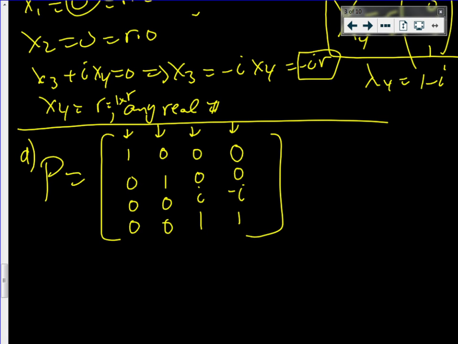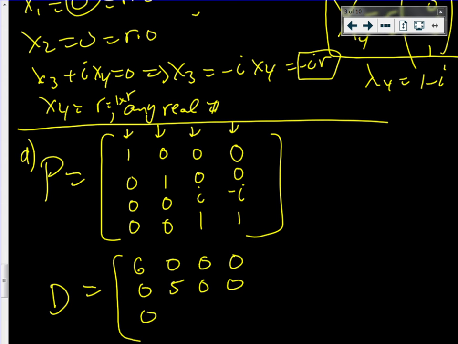So they want us to find P and D. Well, D, that's simple. D just has the eigenvalues on the diagonal. First, lambda 1 was 6. Lambda 2 was 5. Lambda 3 was 1 plus i. And then lambda 4 was 1 minus i.